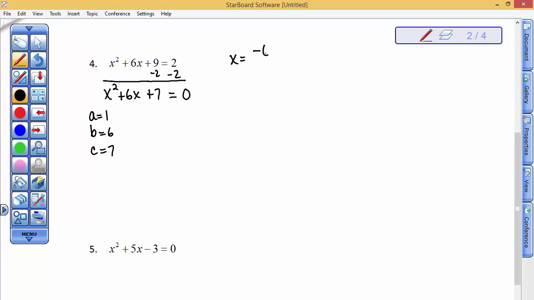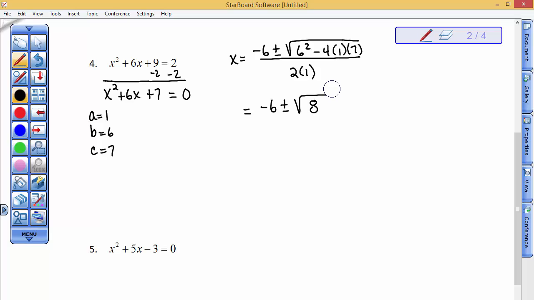So the opposite of B, plus or minus the square root of B squared minus 4 times A, which is 1, times C, which is 7, all divided by 2 times A, which is 1. And if I get my calculator out, the number under the radical will be 36 minus 28, which I think is 8. So type that and make sure you get an 8. And then all over 2.